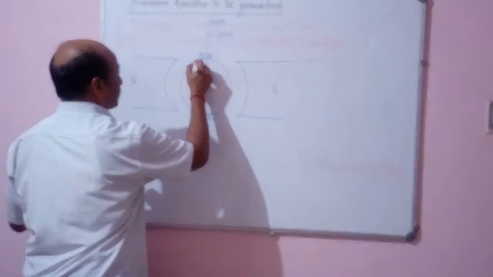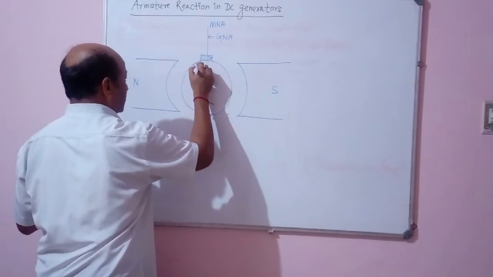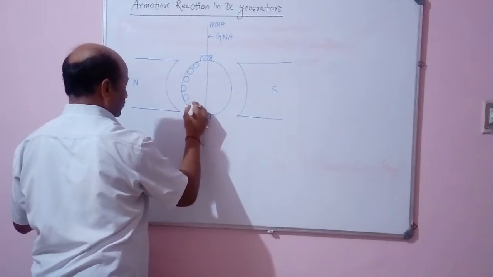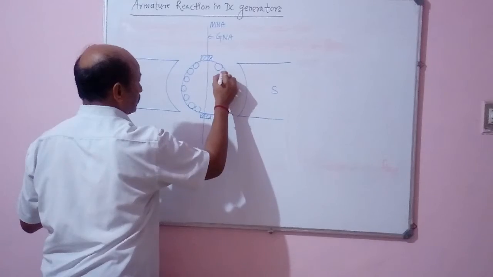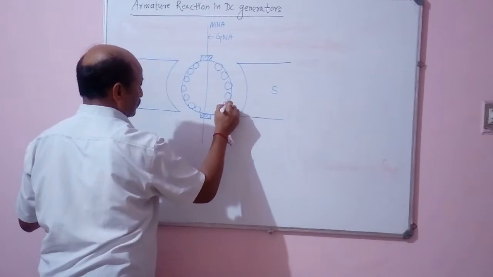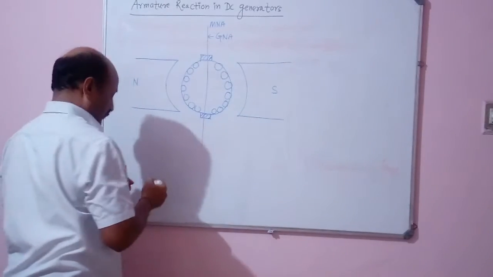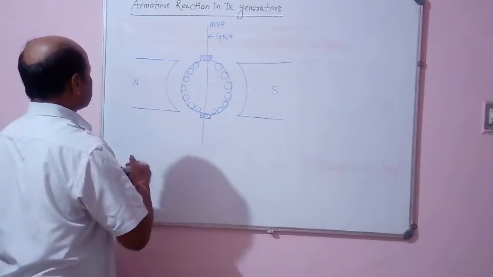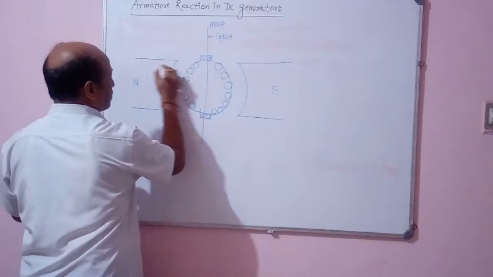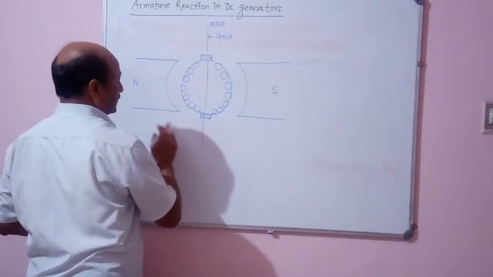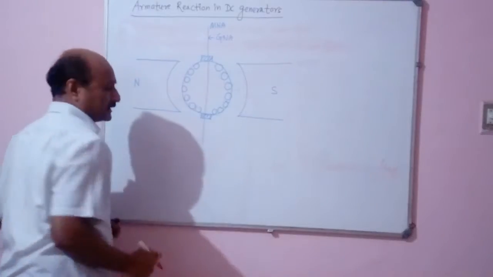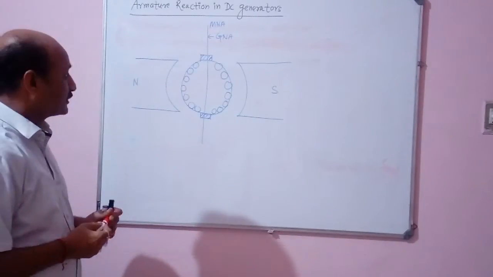Then these are the armature conductors. Then the normal direction of the magnetic field is from N to S. Then the direction of the magnetic field due to this conductor is in the downward direction.